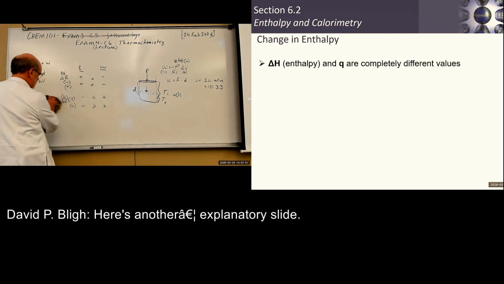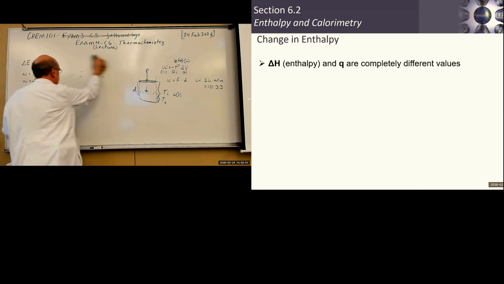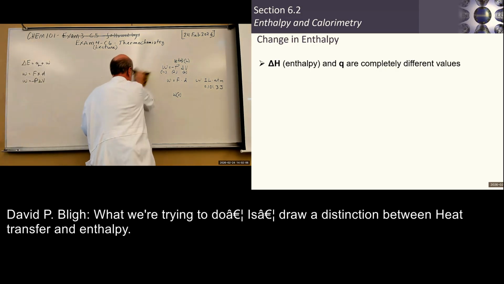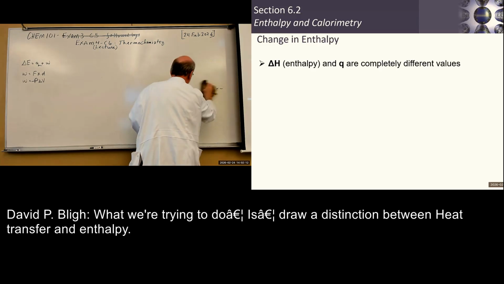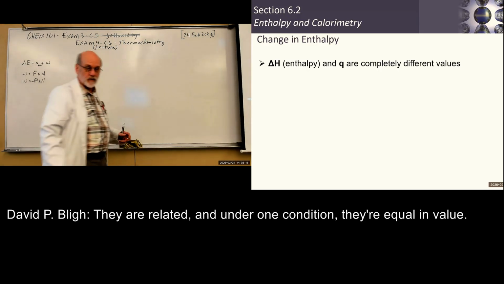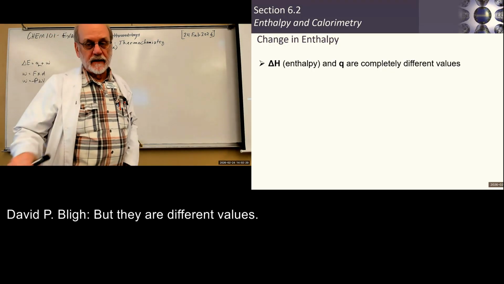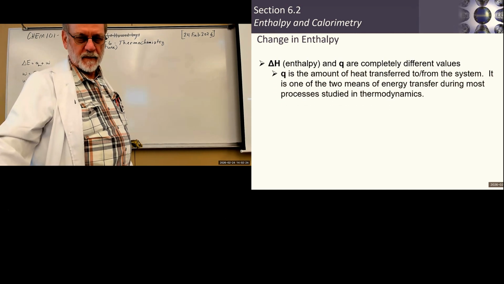Here's another explanatory slide. What we're trying to do is draw a distinction between heat transfer and enthalpy. They are related, and under one condition, they're equal in value. But they are different values.